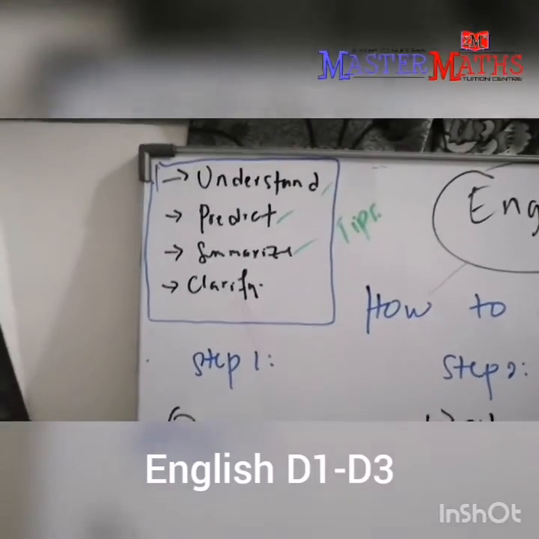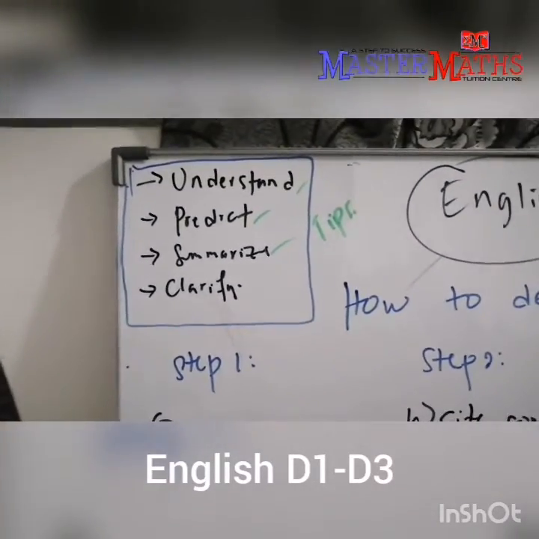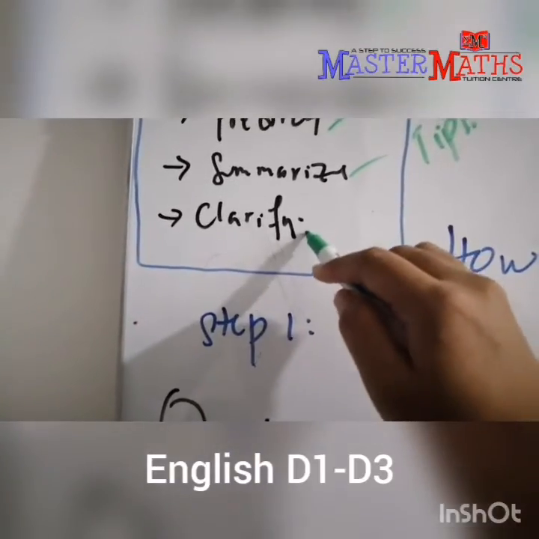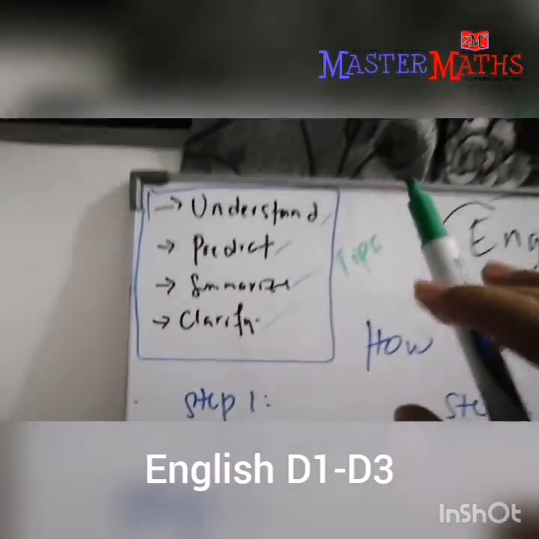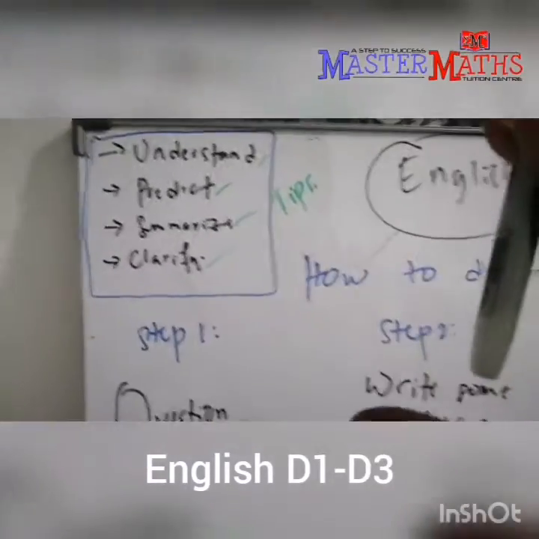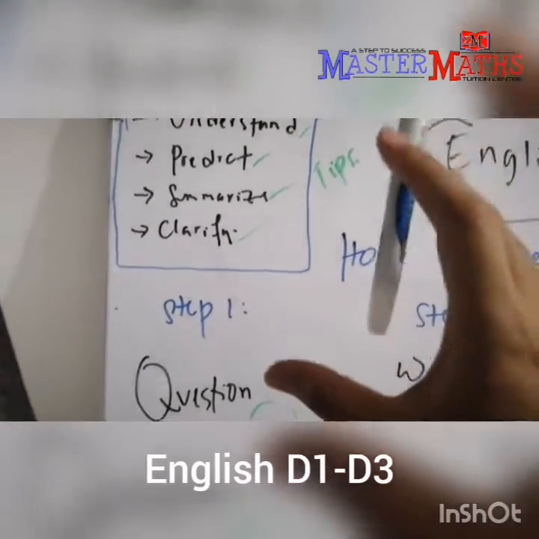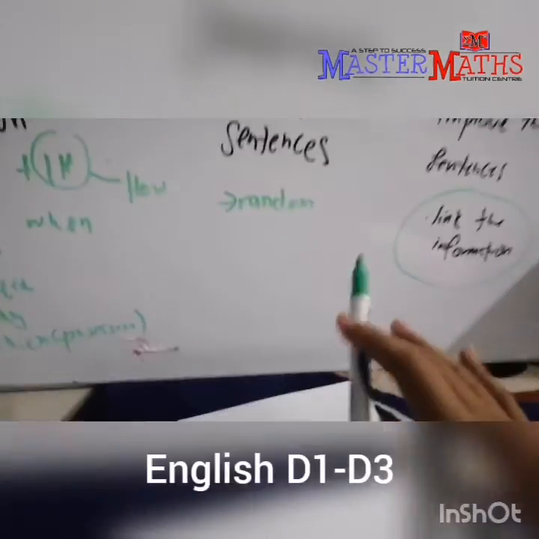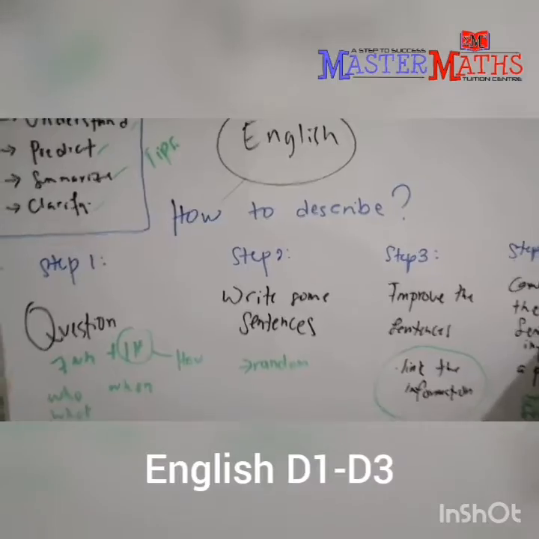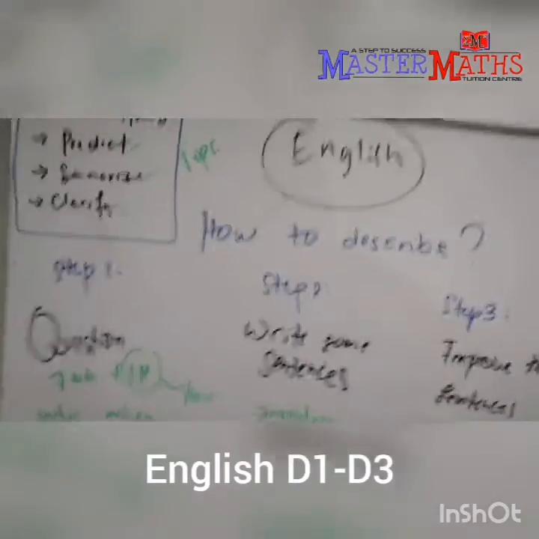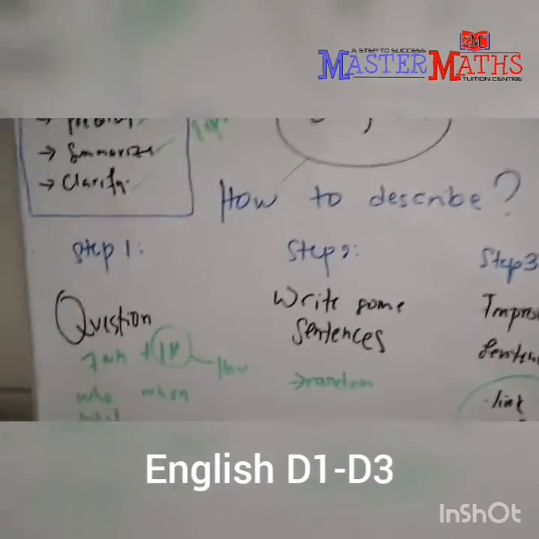Okay, awak nampak apa? Ali pakai baju ke, Susan pakai cotton ke? So baru awak clarifykan. Clarify ni maksudnya pastikan tally atau tidak, maksudnya sepadan ayat yang awak buat tu dengan gambar yang diberikan. So I think that's all for tonight.